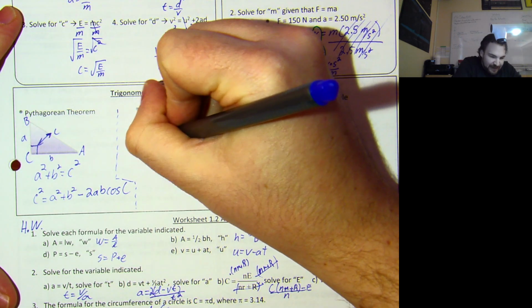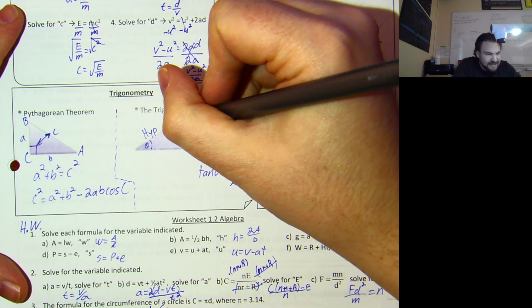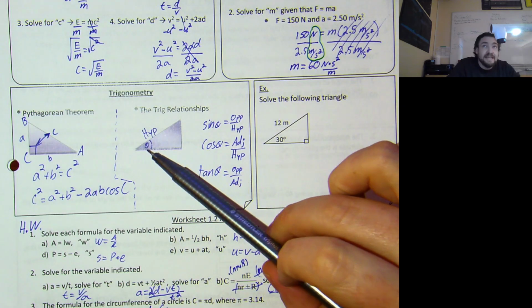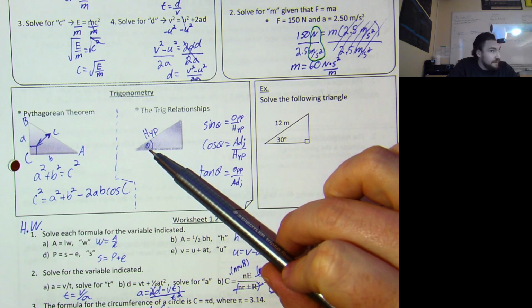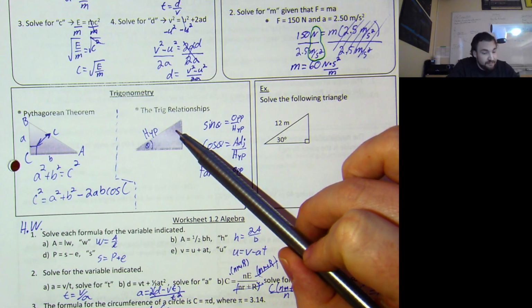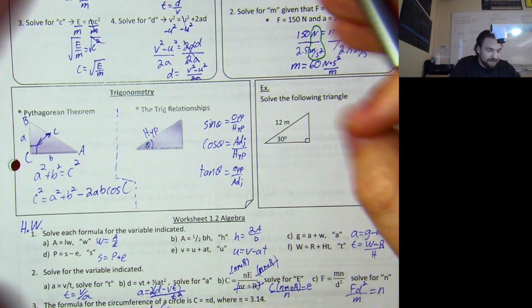So if this is my angle right here, the opposite, sorry, what were you saying, Connor? I'm pretty sure opposite from the bottom is like the adjacent, right? If this was the angle we were using, then this would be opposite and this would be adjacent. I labeled this one here before you started talking.